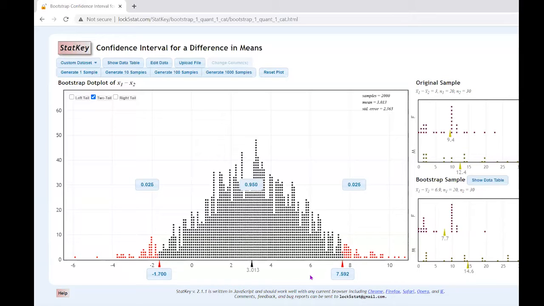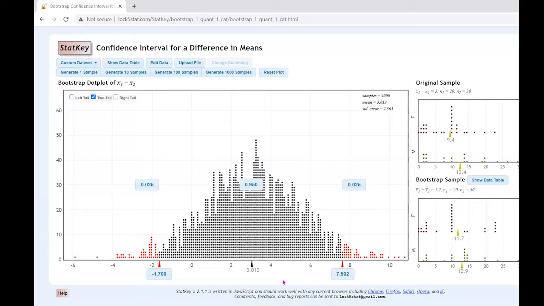Usually if we were just dealing with one mean, like just females and number of hours exercised, we would interpret it a little bit differently. But since we're comparing the two, X bar 1 in this case is males and X bar 2 is females. So we're saying the male part first, and we're saying that males exercise 1.7 hours less to 7.592 hours more than females.